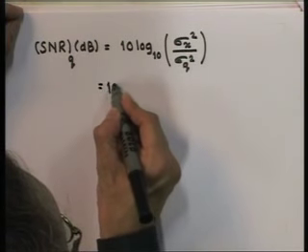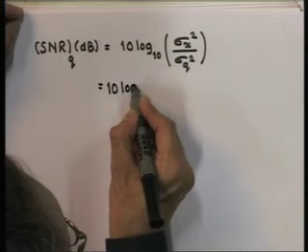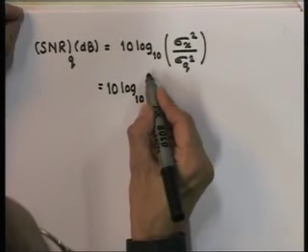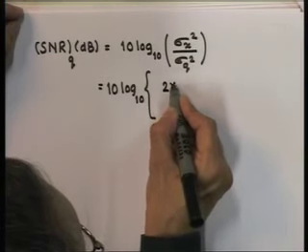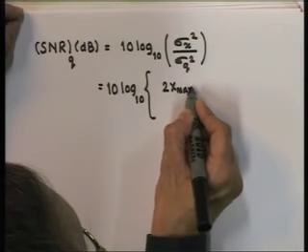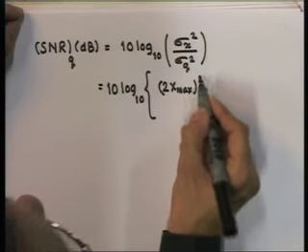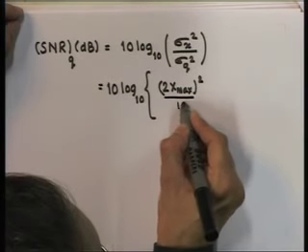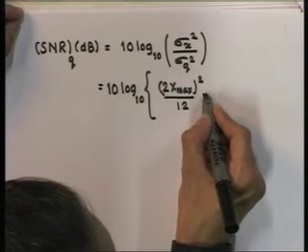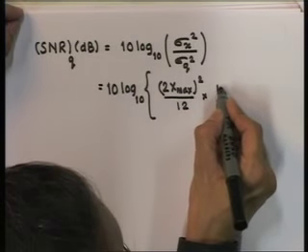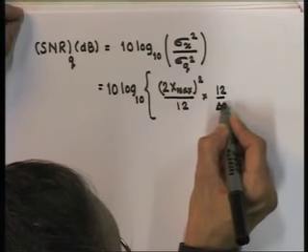This can be rewritten as 10 log 10. Signal variance is equal to twice x max squared divided by 12, and quantization noise variance is equal to delta squared by 12.